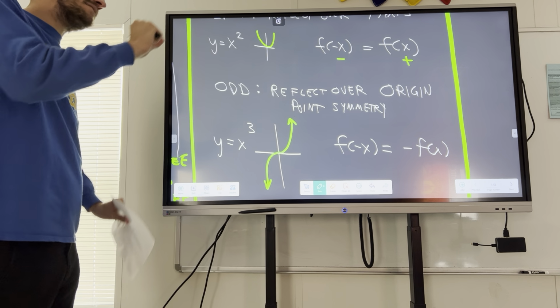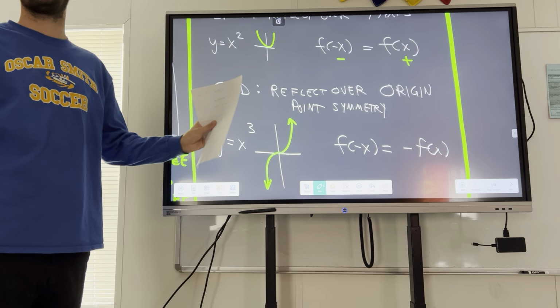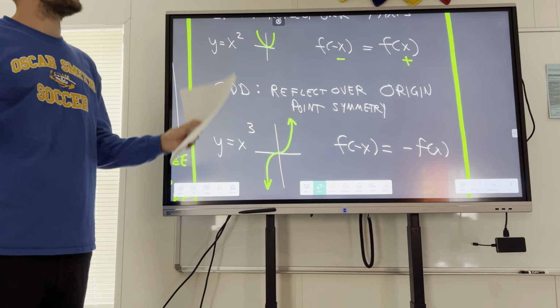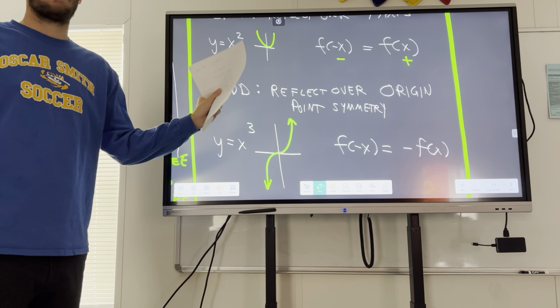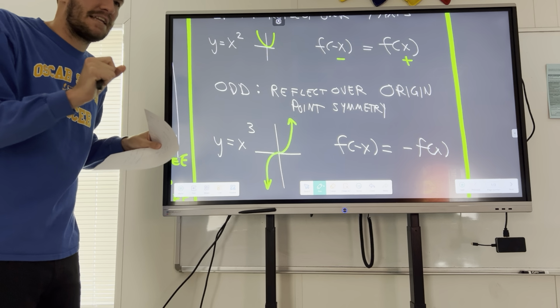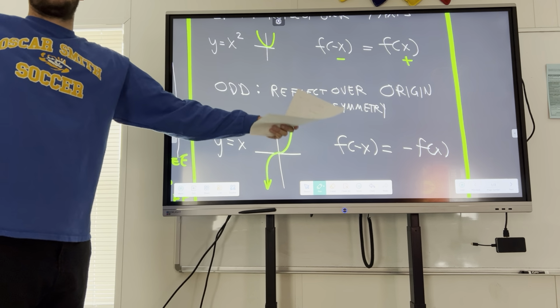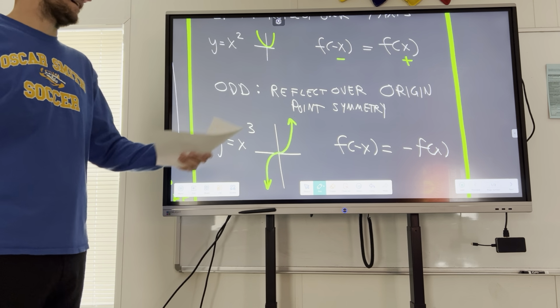If I feed my function a negative sign, does it just eat that and say, who cares? Nothing changes. That would make it an even function. It just takes it and it just evaporates, okay? Your odd function, if you feed it a negative, it's going to change the whole thing. The entire thing is going to become negative. That's what makes it odd.